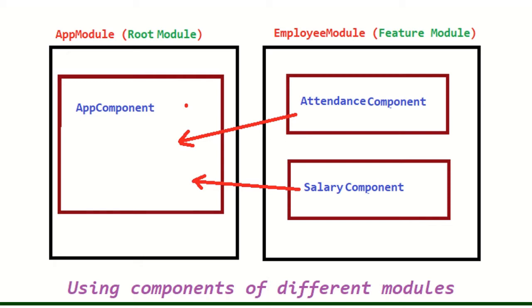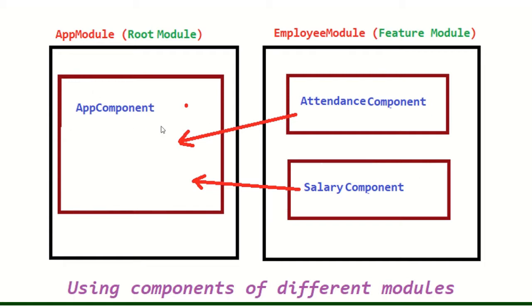Now I am going to tell about how a component of one module will get a component from another module. Using components of different modules. So this is a different module, the employee module. It has two components, attendance component and salary component.